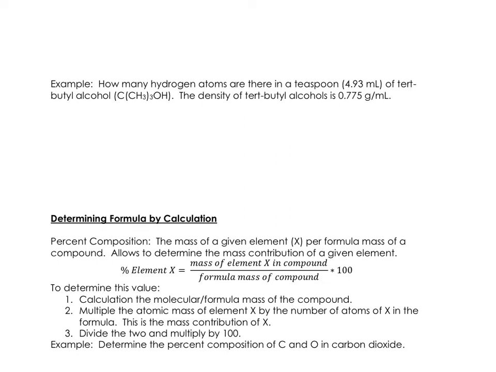So the formula tells us the total number of a given amount of atoms in a molecule. So here, in one of these tert-butyl alcohol molecules, I have CH3 times 3. I have that exterior carbon, and then I have an OH here.